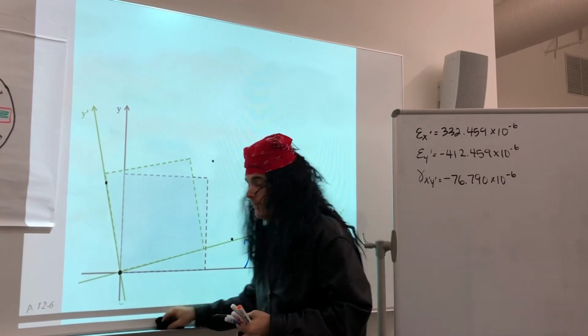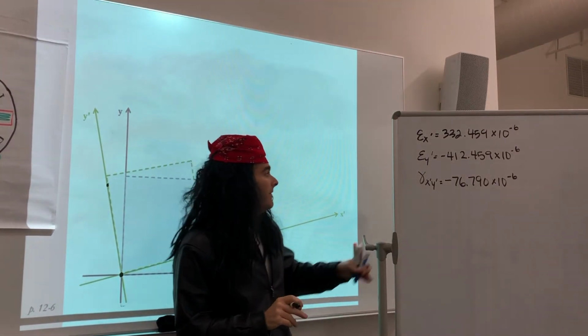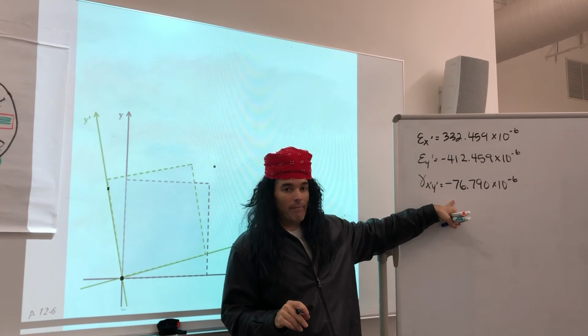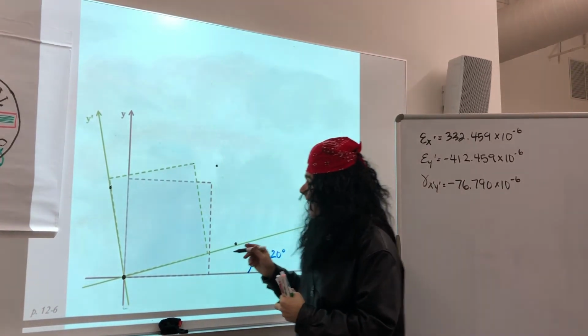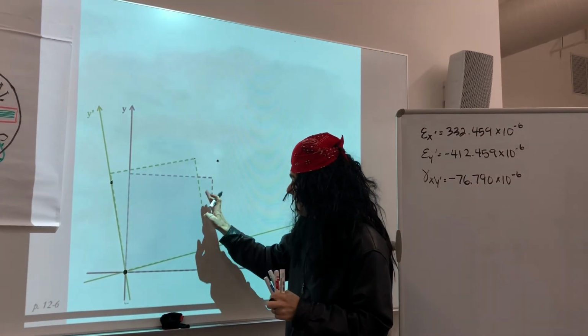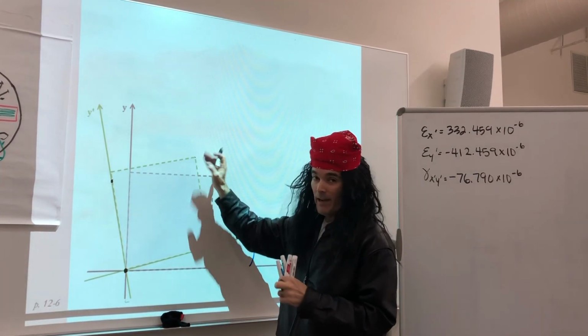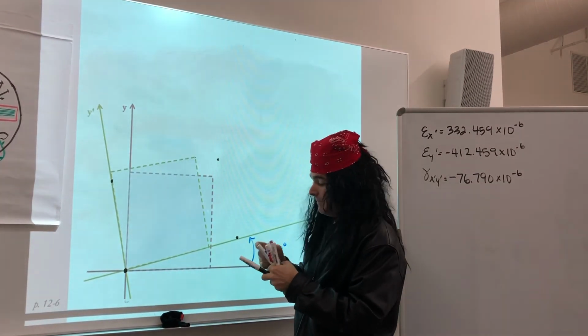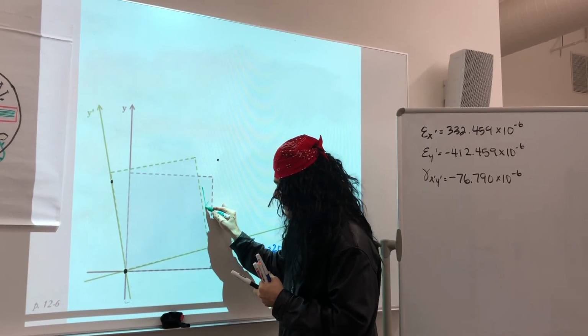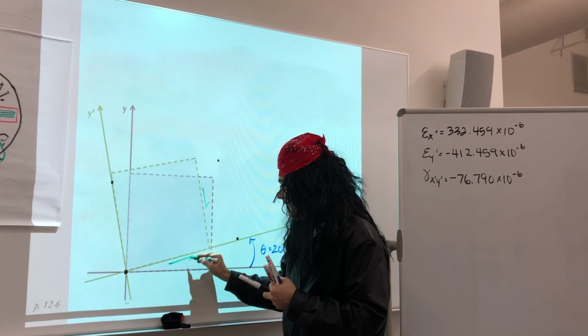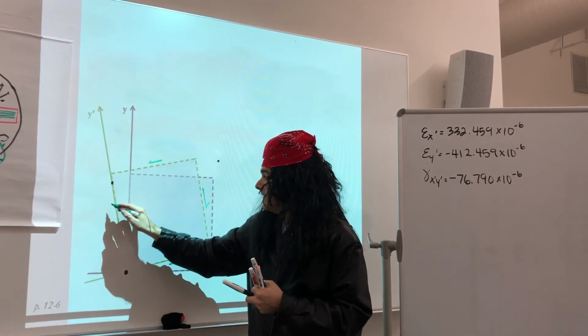Finally, we have gamma x prime y prime. And this one is a negative number. So remember, our positive shear strain would be positive x prime, positive y prime. But the negative number indicates that the shear strain on my block is going this direction and this direction.